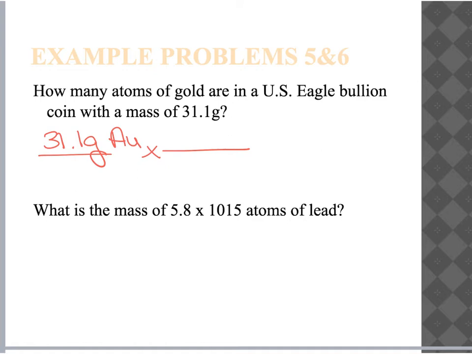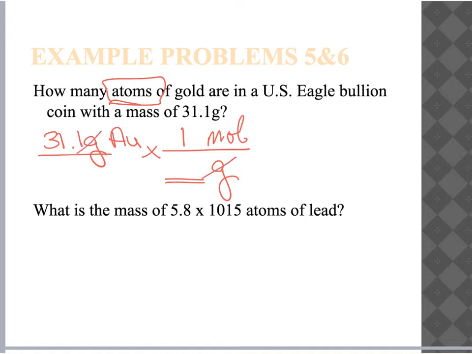And you should put grams on the bottom. And if I want atoms, and this is what I was saying earlier, you want to make sure that you're putting grams on the bottom, and you're going to go to moles first. So you're going to want to look up the molar mass of gold and put it down here, and put 1 mole on top here.